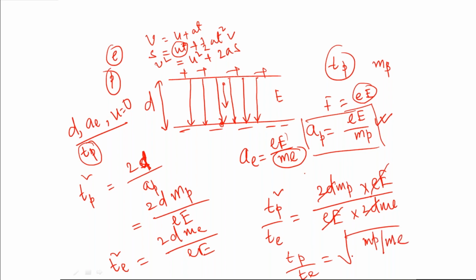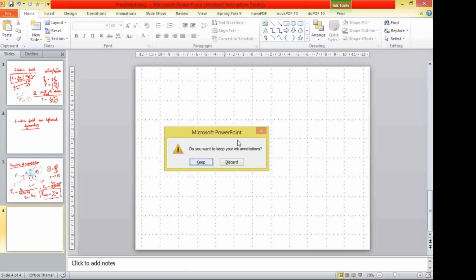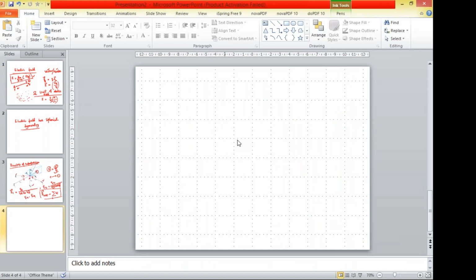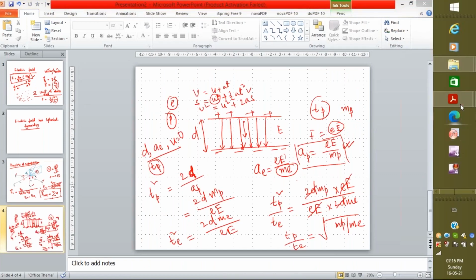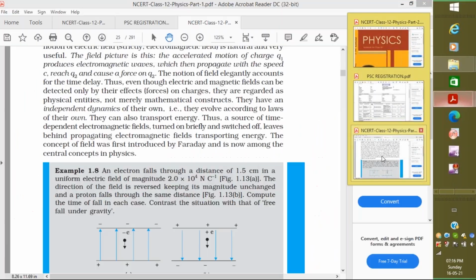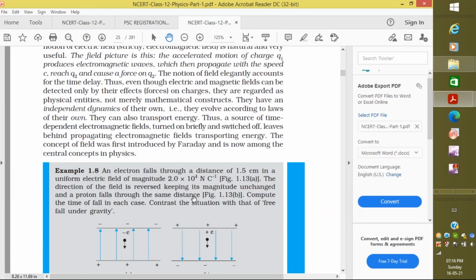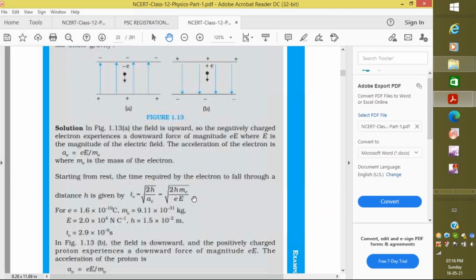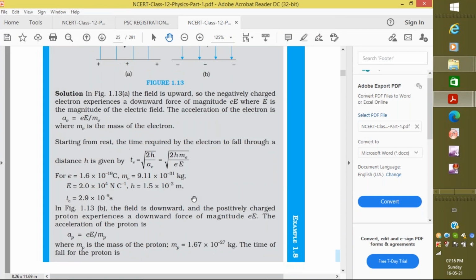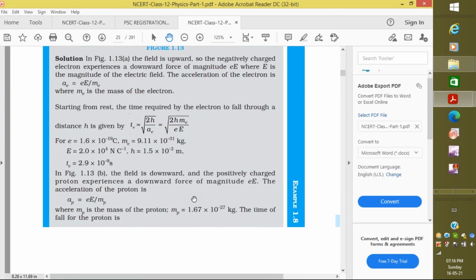Okay, good. So look here in the book, you have to put the value of me and mp and then find out the ratio, or maybe they have asked you to find out only the time and compare the time. Look here, it is the case. So they have asked to find out the time for both of them, and take the ratio also.